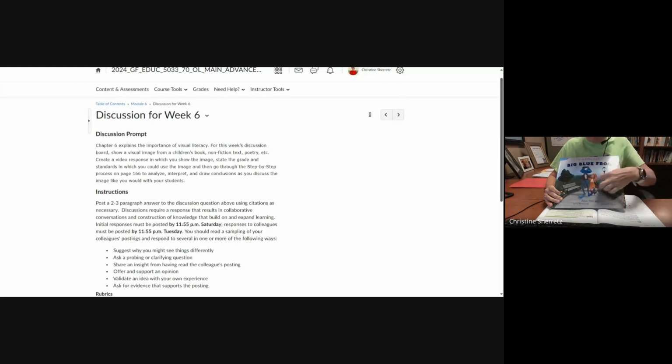Looks like by the dress, we can see a similar dress that we have now, but you can kind of see that 60s vibe for that image. I can see artistically there's a lot of color, doesn't it? So what do you think the author's purpose is in showing this picture?